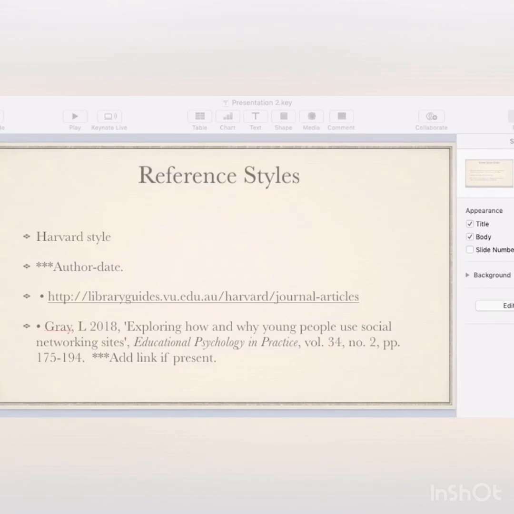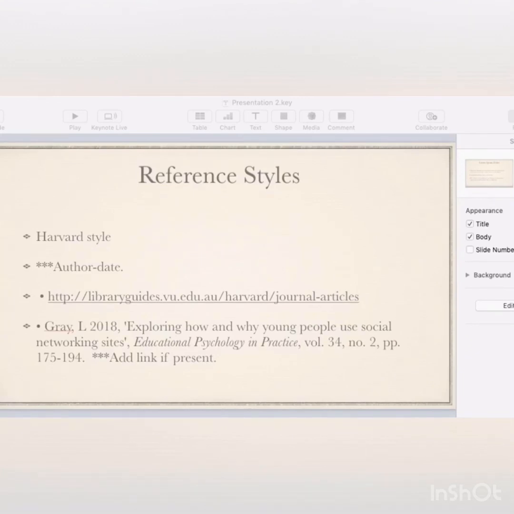It's written in shorthand. For example, here we have volume 34, number 2, vol.34 followed by a comma, no.2 followed by a comma, and the page number is also cited here as pp.175 to 194.